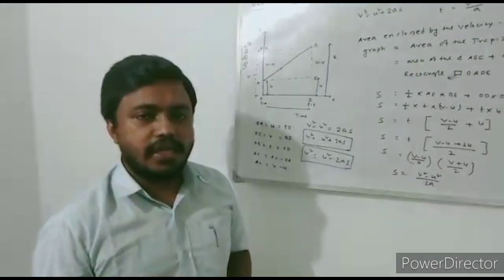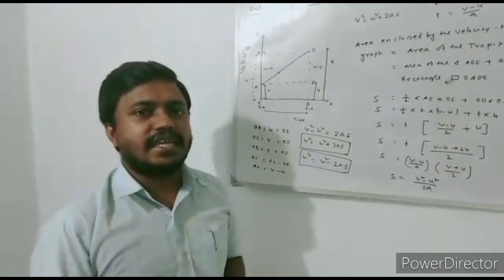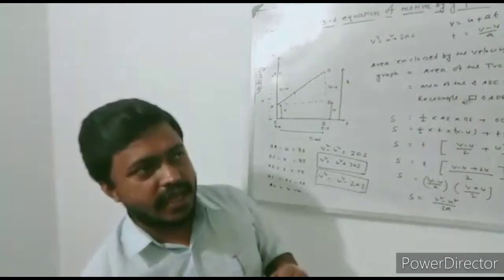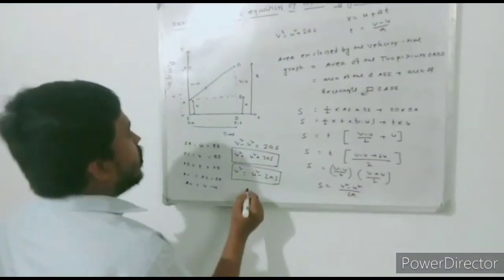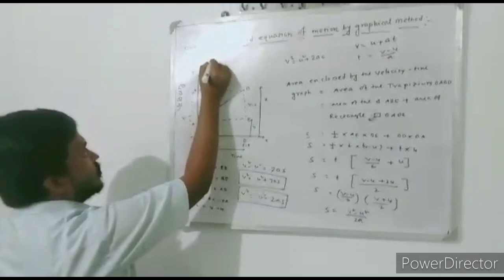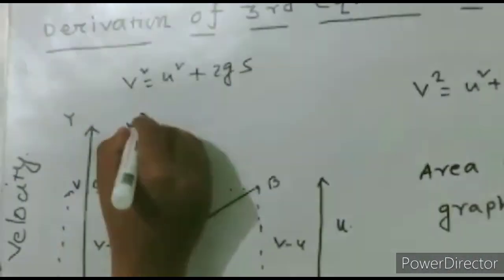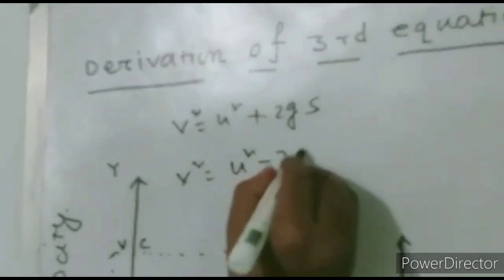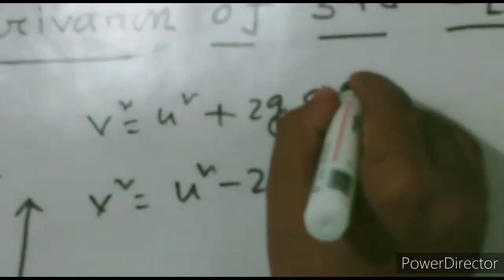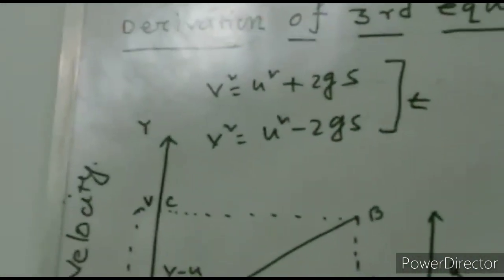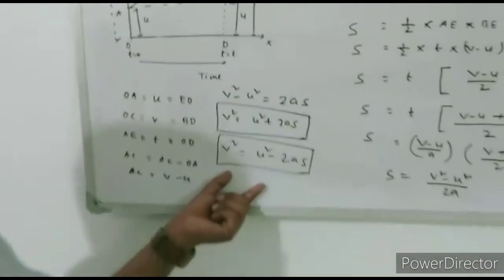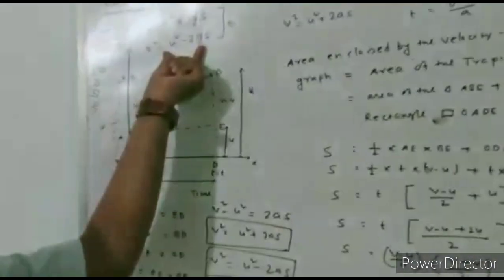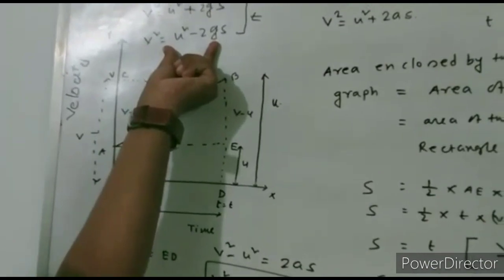If the body is falling towards the earth, a is taken as positive. If the body is thrown against gravity, a is taken as negative. So the equations take the form v square equals u square plus 2gs, and for against gravity v square equals u square minus 2gs. These equations are for gravitational force, and the earlier ones are for mechanical force.